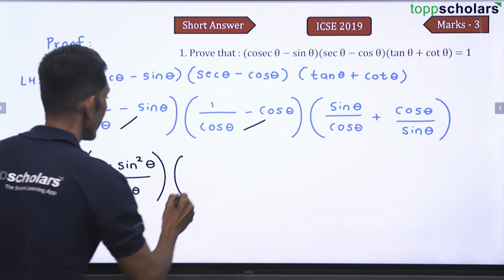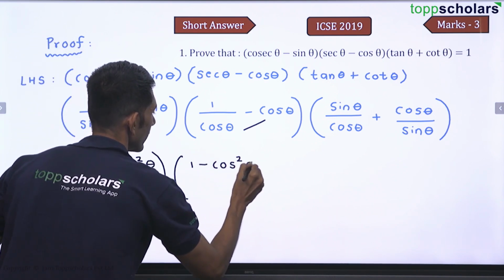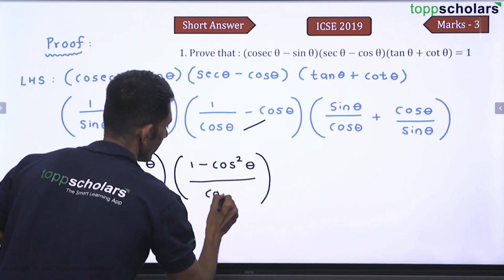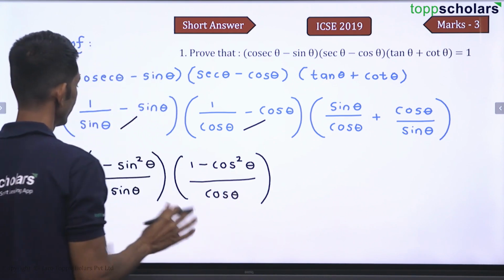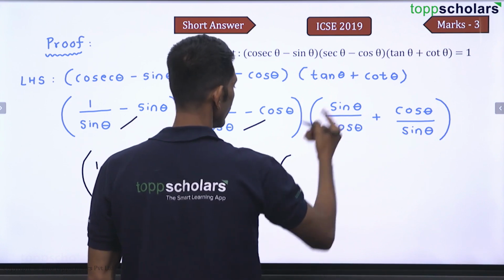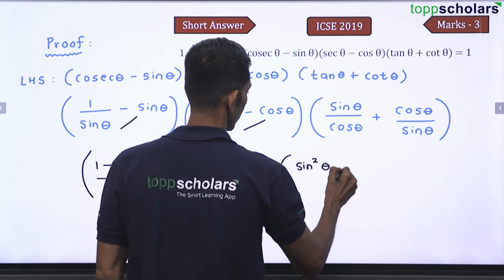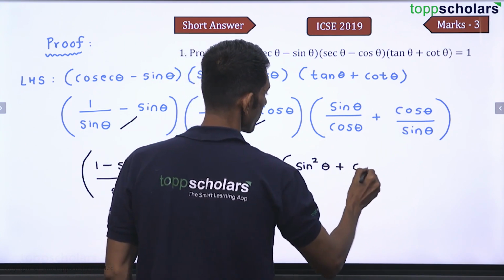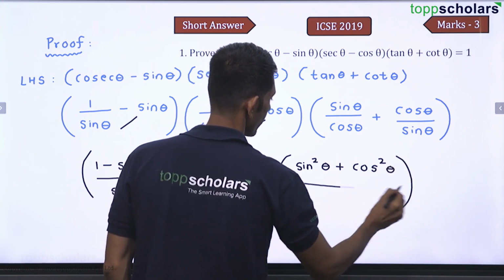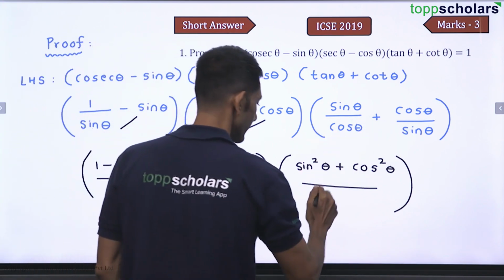Here I get 1 minus cos square theta by cos theta, correct. And here if I cross multiply, sin into sin is sin square theta plus cos into cos is cos square theta, whole divided by sin theta into cos theta, right?